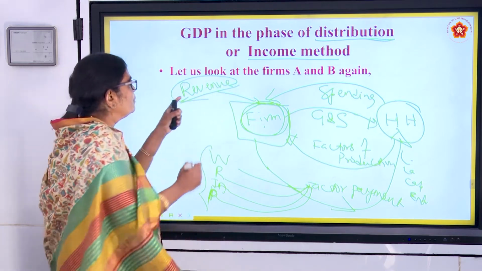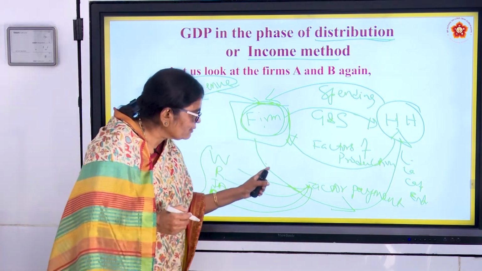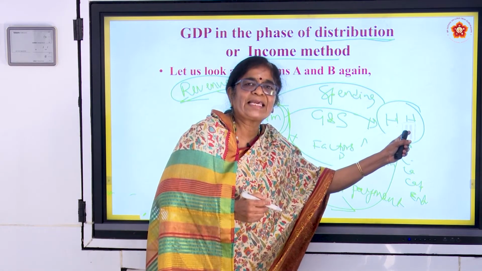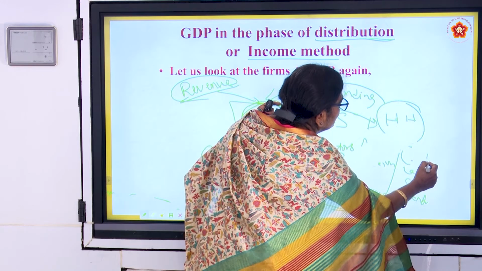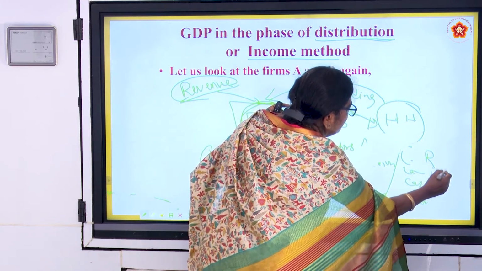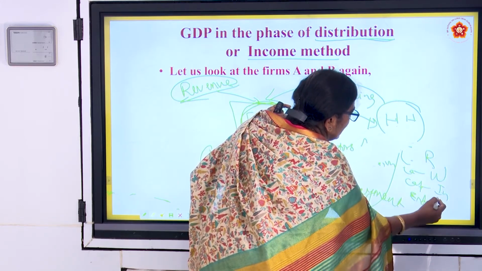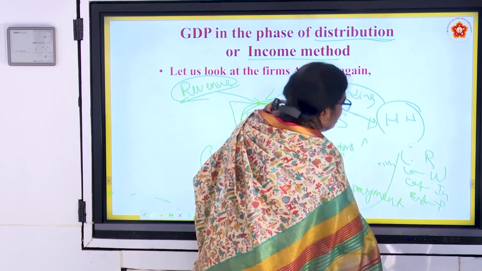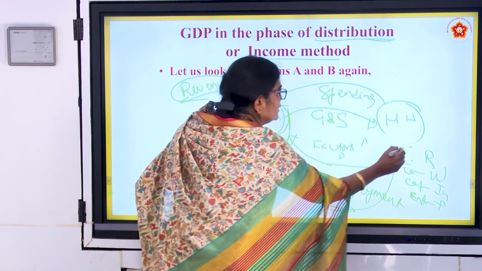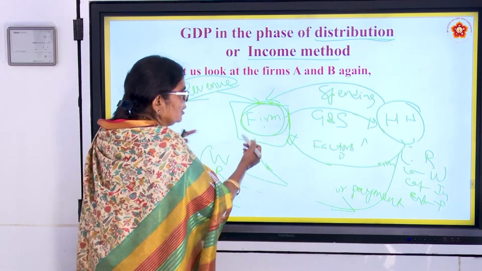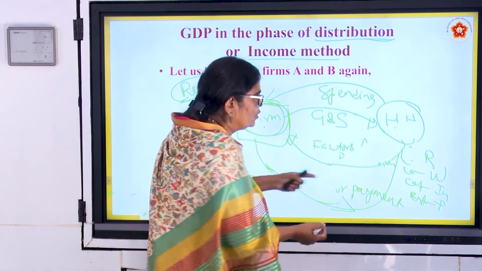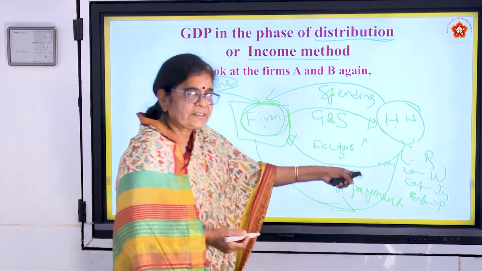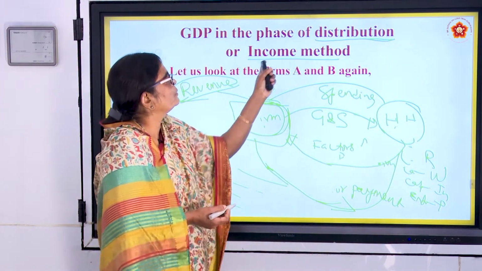Therefore, whatever income is earned by the firm is again redistributed back to the household in the form of land as rent, labor as wage, capital as interest and entrepreneurship as profit. That is what is called the distribution method or income method.